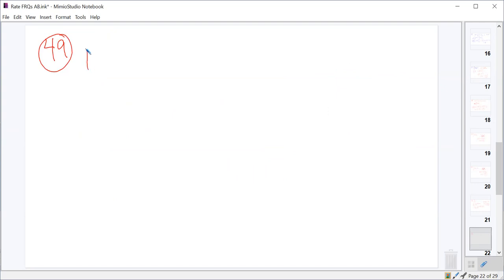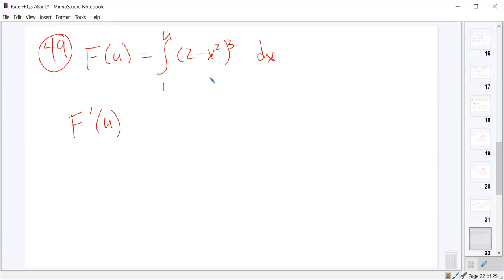So we are given a function capital F of u, which is the integral from 1 to u of 2 minus x squared cubed dx. We want to find f prime of u. Well, f prime of u is the derivative of the integral from a constant to u of some function.